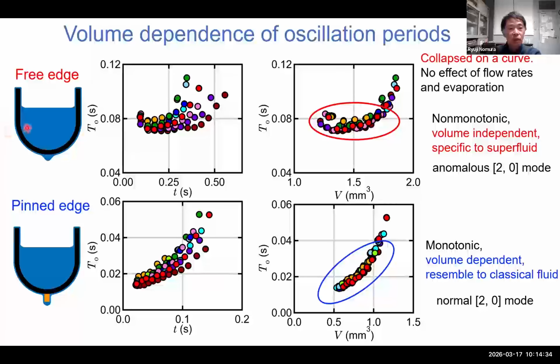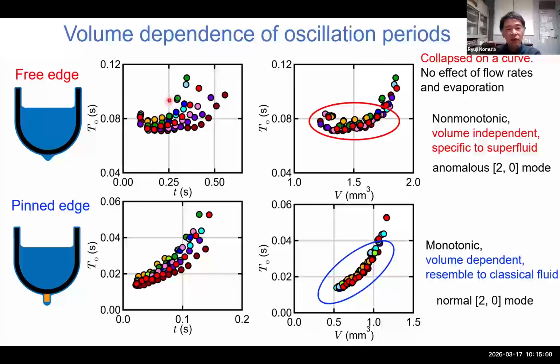Let me show. This is the oscillation period T0 for the free edge case, and this is the pinned edge case. These points are the time evolution of the oscillation period at various flow rates.